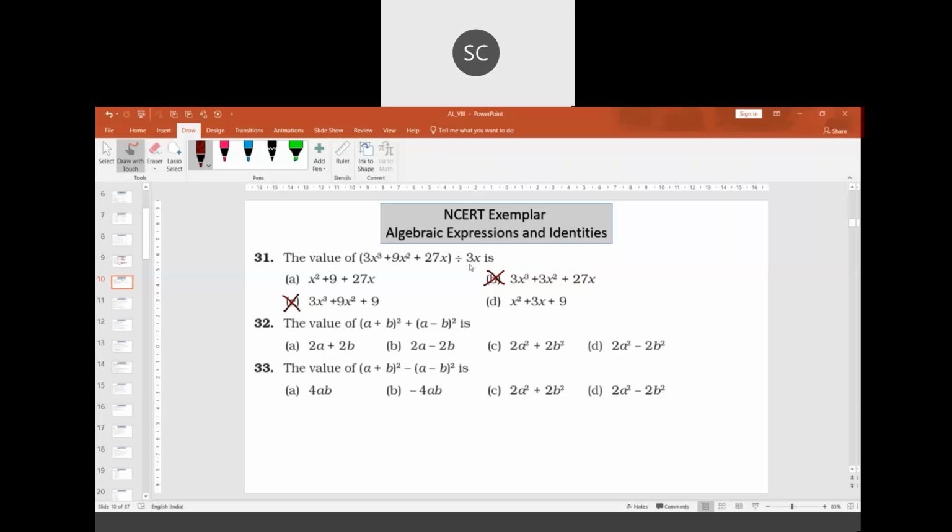Why D and not A? Because in A only 9 is written, but actually when you divide, you get 3x. So Option D is correct.